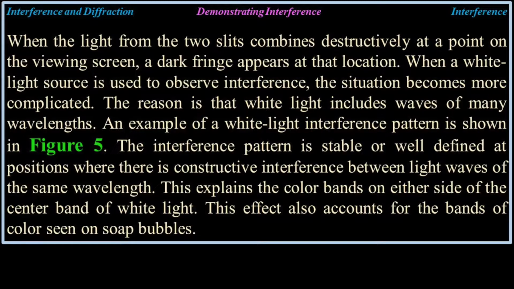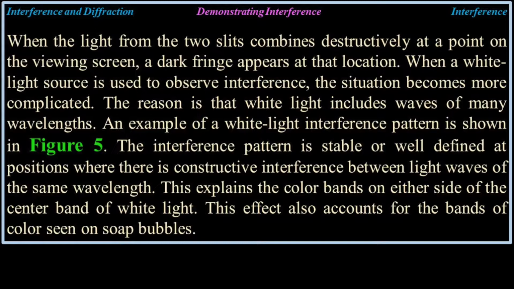When a white light source is used to observe interference, the situation becomes more complicated. The reason is that white light includes waves of many wavelengths. An example of a white light interference pattern is shown in Figure 5.